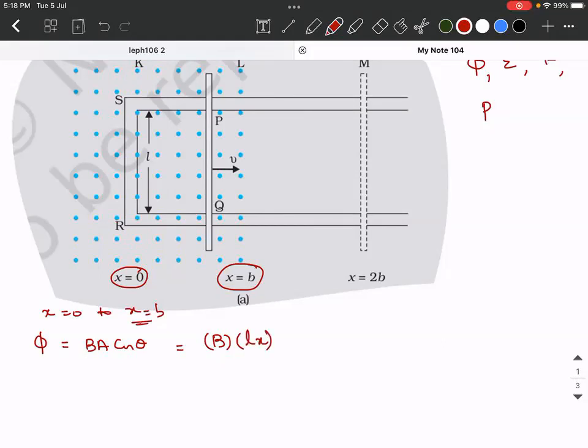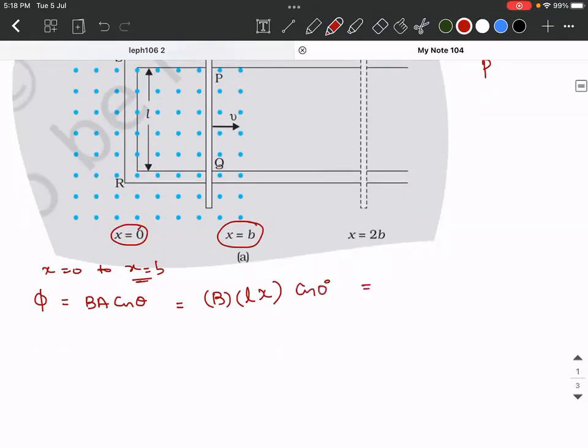L into b would be a fixed value, but is the flux constant when it goes from 0 to b? No. Flux is a function of distance, because we need to sketch the graphs with respect to distance. So B into L into x, taking cos 0 degrees. The answer is BLx, from x equal to 0 to x equal to b.